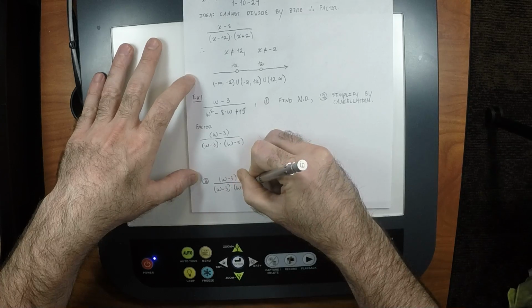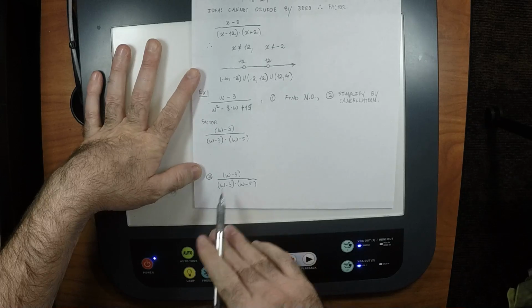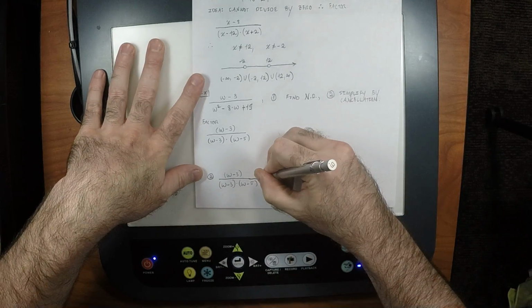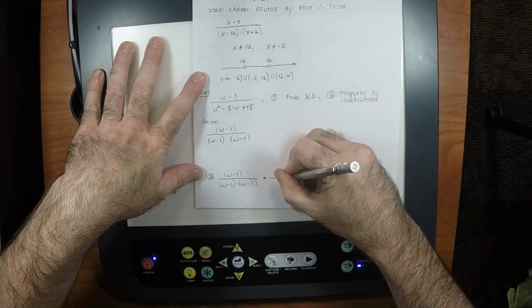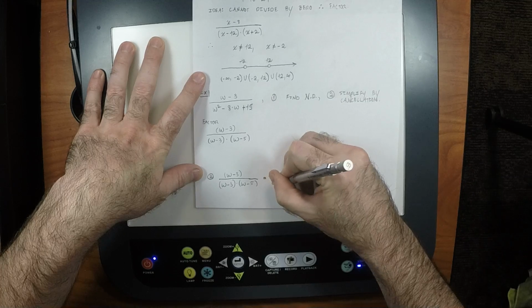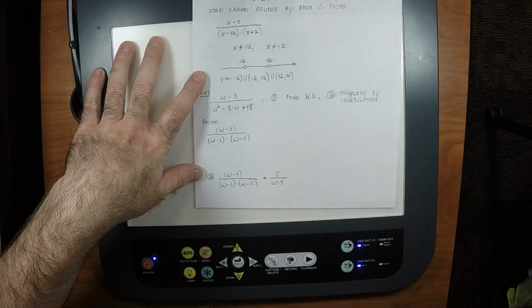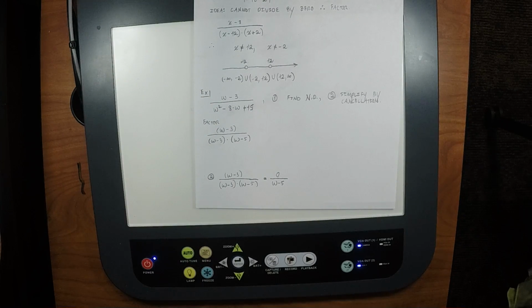So is there any possible cancellation? Yes. The w minus 3's cancel, right? So the denominator should be w minus 5, and then because of the cancellation, the numerator should be 0? 1? No, wait, think something like if you do 5 minus 5, that's 0, right?